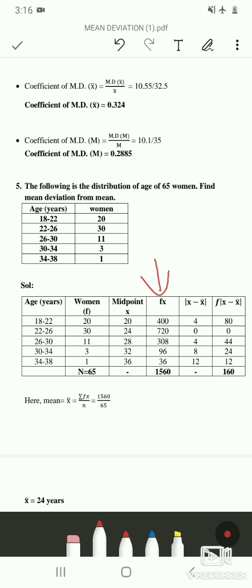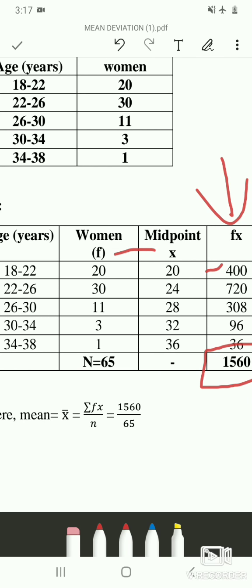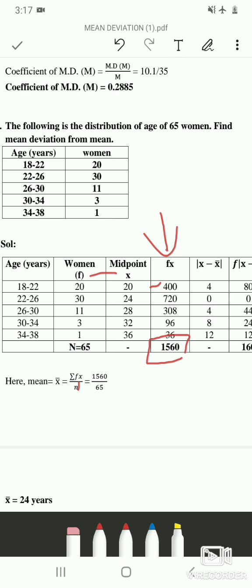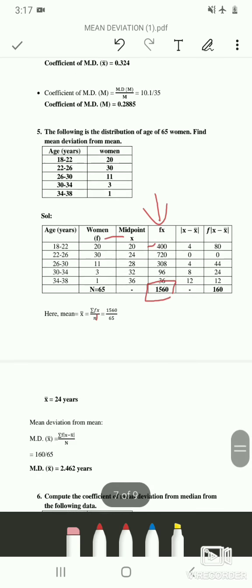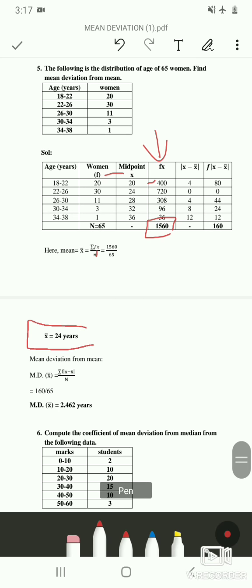Find f into x, that is 20 into 2400, and similarly calculate for all values. Once you get f into x, substitute in the formula of mean. The formula of mean in the continuous case is summation fx upon capital N. Here summation fx is 1560 and capital N is 65. Therefore we get x bar as 24 years. So our mean is 24 years.